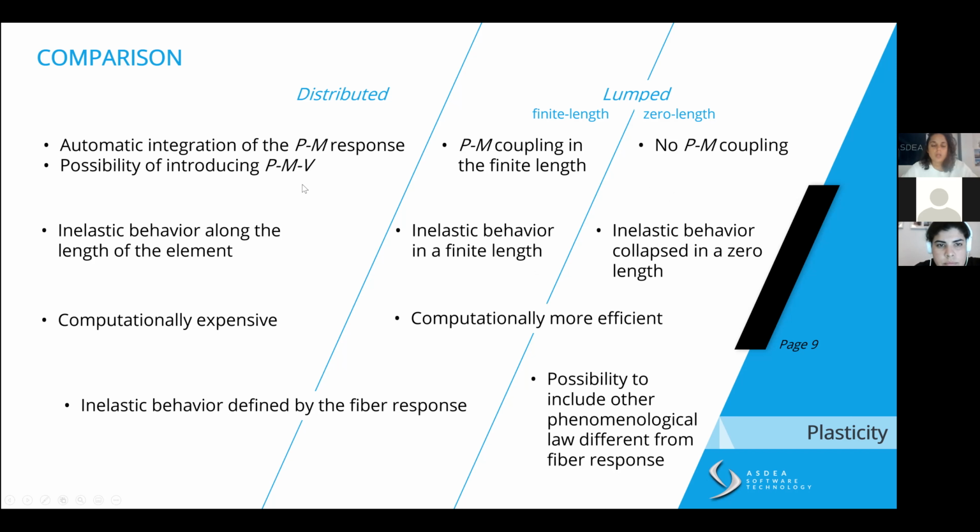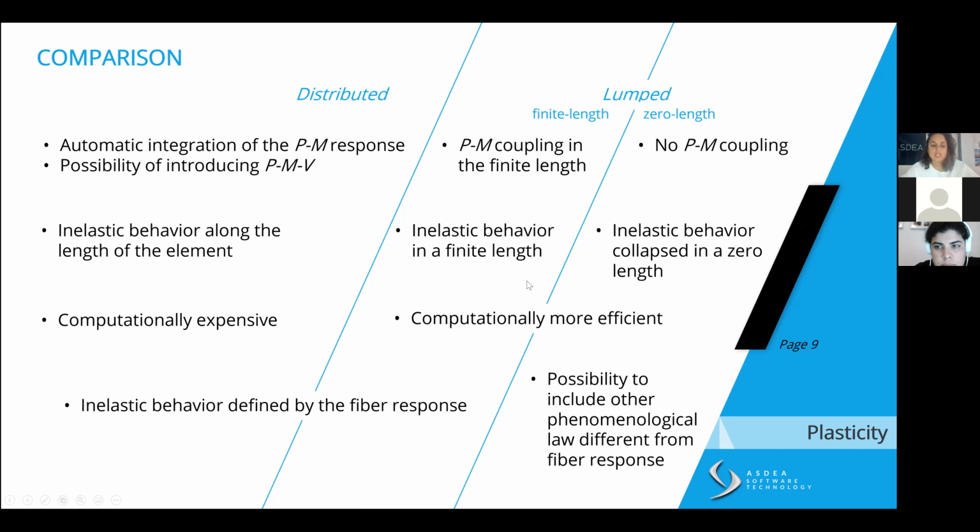So a distributed approach is feasible if you have models of small size. Instead, if you want to be more efficient, and you're not really interested in knowing what's happening at mid-span in your beam, then you just want to model that plasticity without going too much into detail. This is the approach to go to, lumped plasticity.